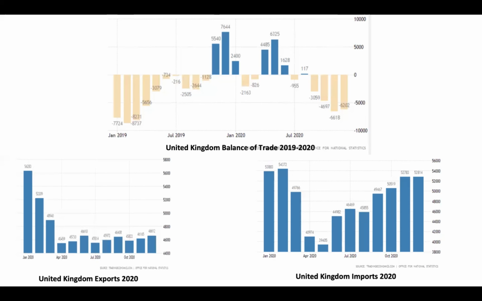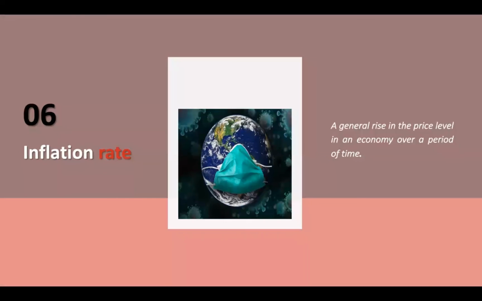So next, we will move to the inflation rate. In economics, inflation is a general rise in the price level in an economy over a period of time. The common measure of inflation is the inflation rate.